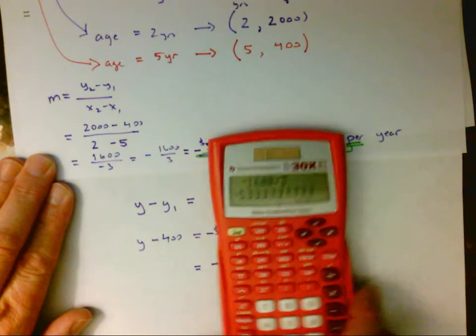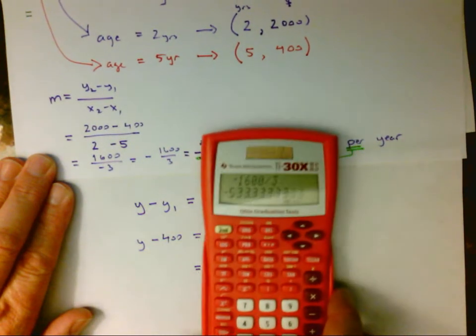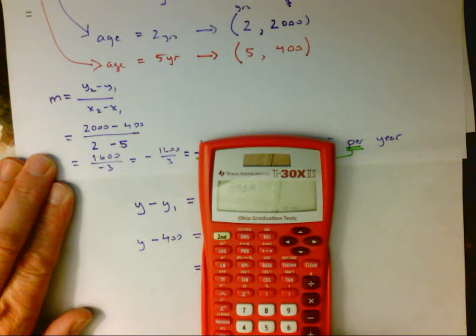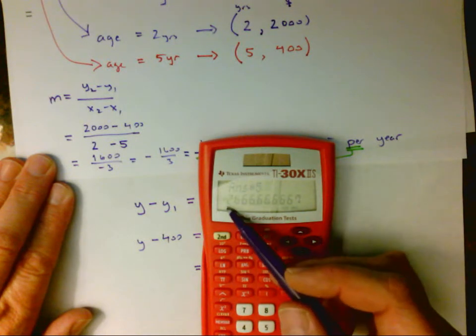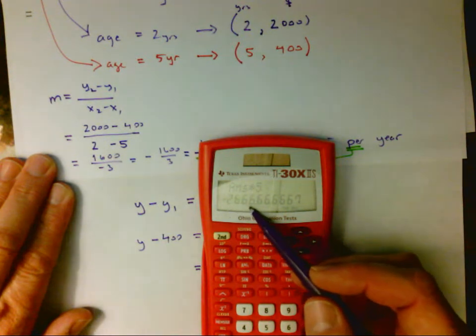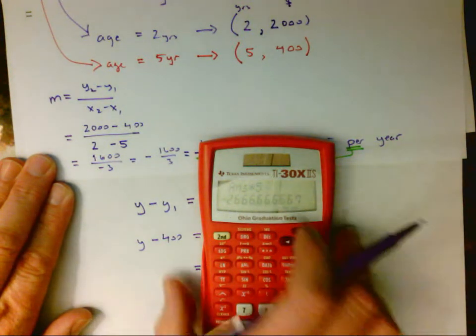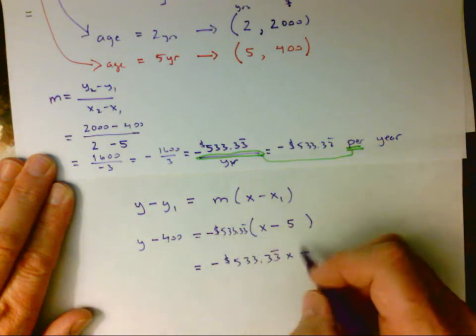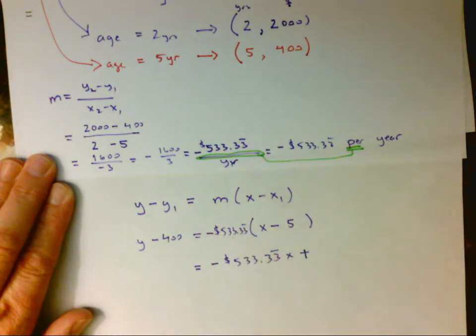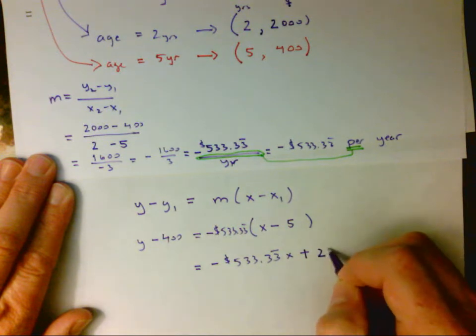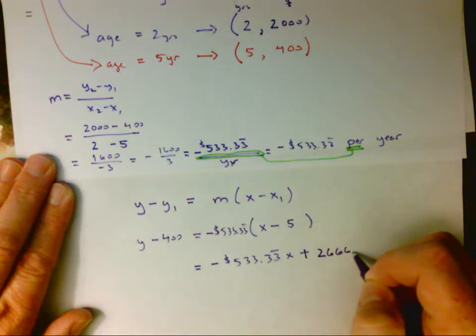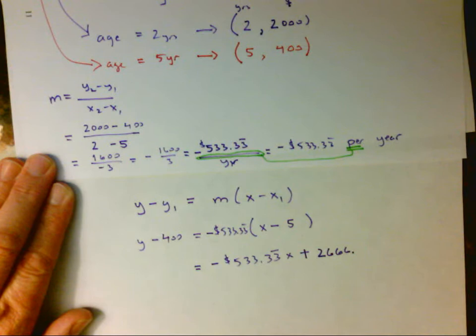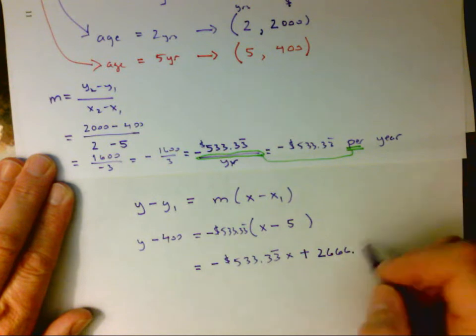I've learned over bitter experience not to round off unless I have to. So I have negative 2666.66 repeating. Now notice I'm doing a negative times a negative, so that will be positive 2666.66 repeating.